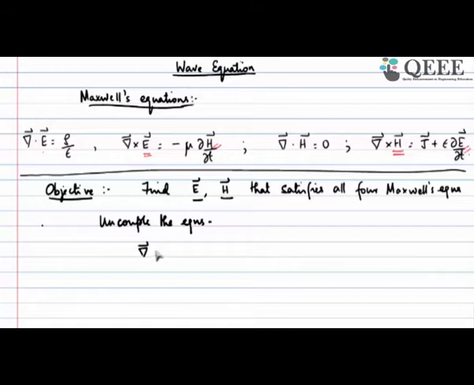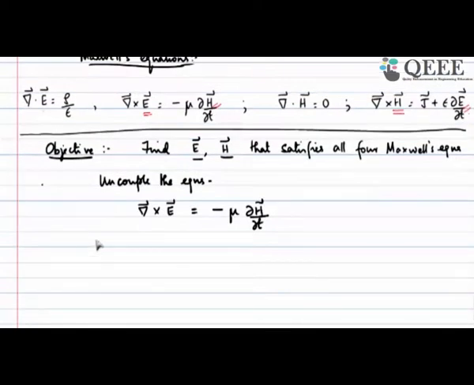So I have curl of E is minus mu del H by del t. I use vector calculus again to do this. The key is I know what curl of H is.